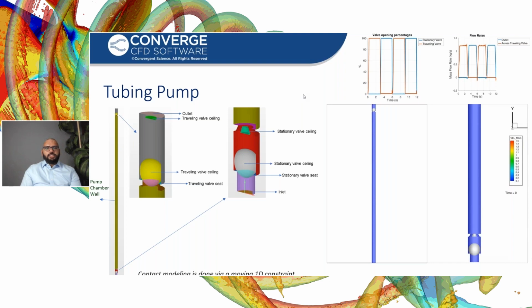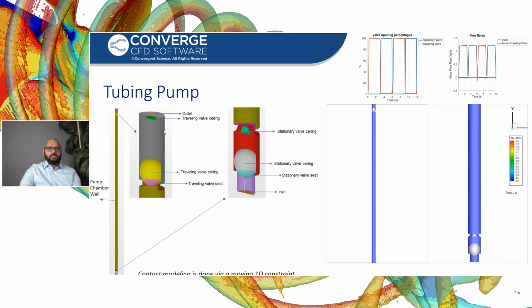An example is a tubing pump, which is used in the oil and gas industry to transport fluid up the well. So here you have two ball valves. You have a stationary ball valve in a stationary valve seat, and you have a traveling valve that goes up and down.